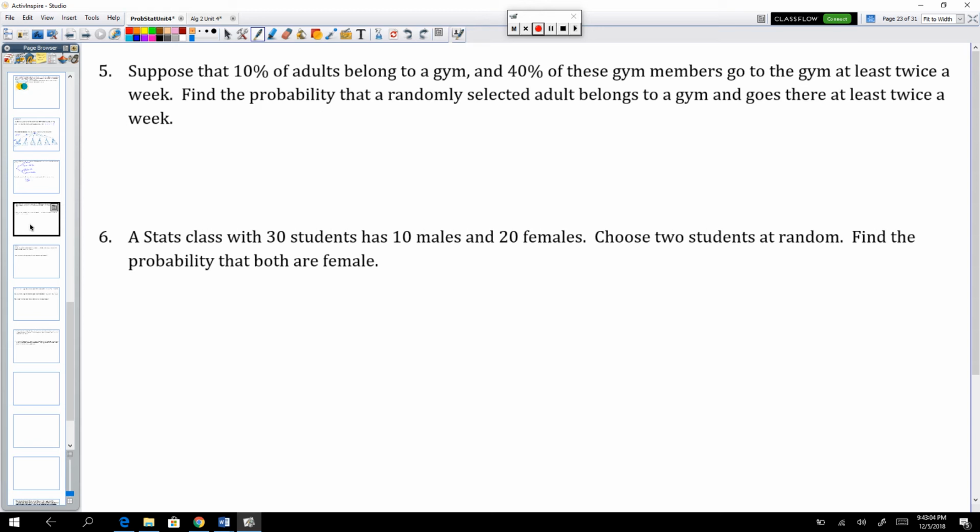Okay? So to find this, we're going to take the probability, and let's go ahead and name these. So probability of going to the gym I'm going to call G, and probability of going at least twice a week I'm just going to call W. So the probability of going to the gym, or 10%, times the probability that you go twice a week, that was 40%.